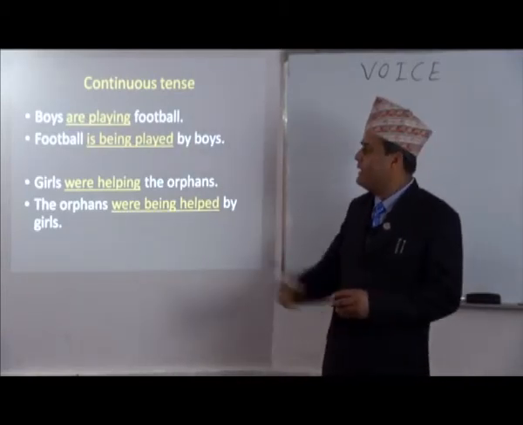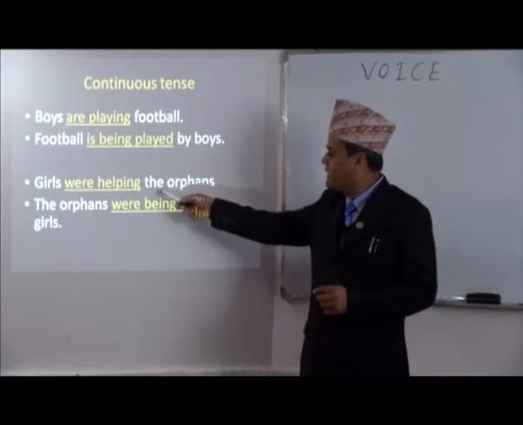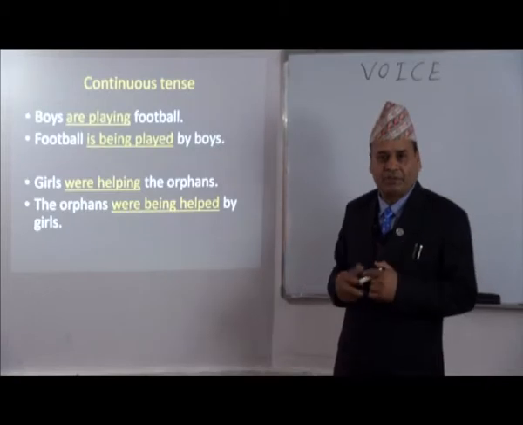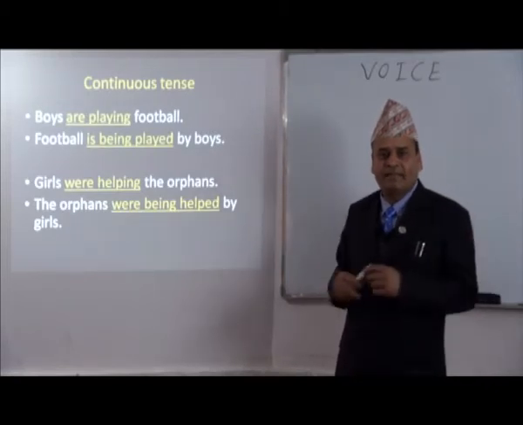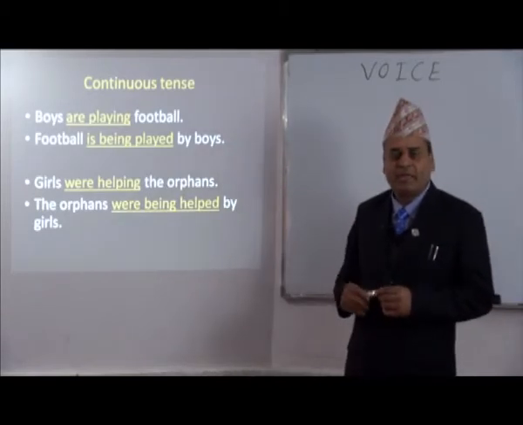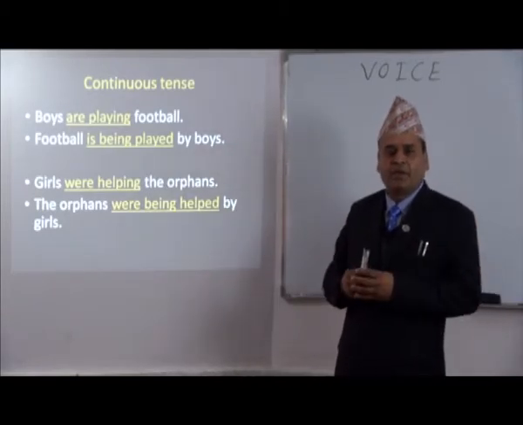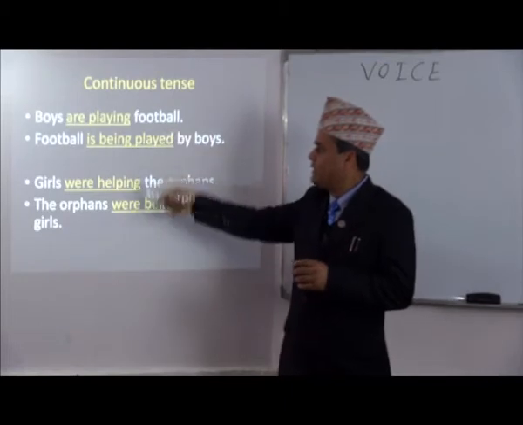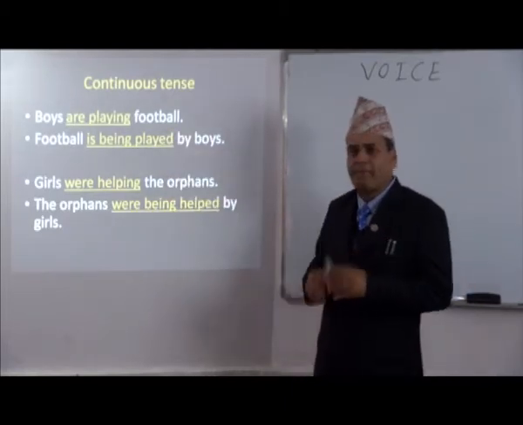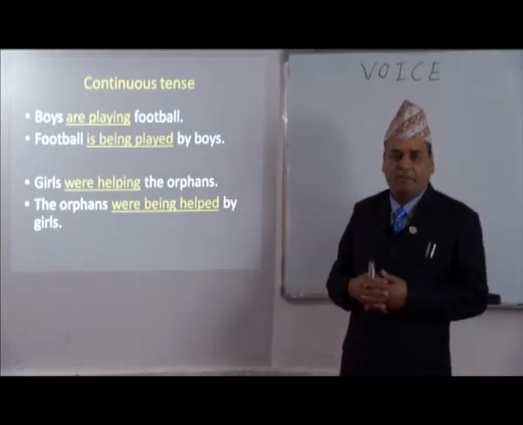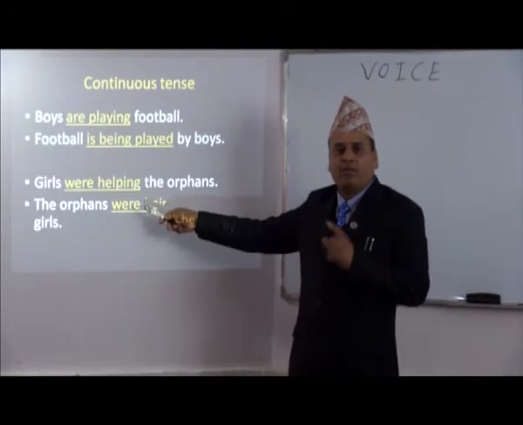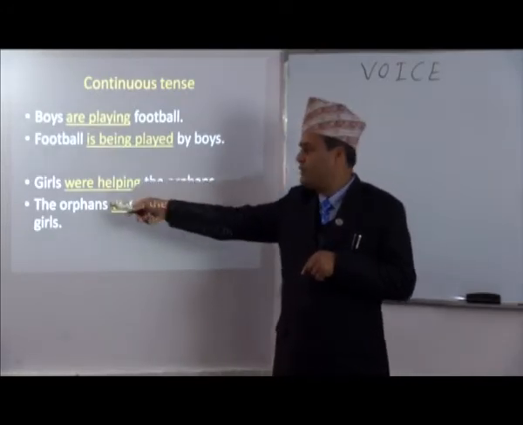Alright? And let's have a look at the second example here. Girls were helping the orphans. In this sentence, you find past continuous tense. In past continuous tense, more or less similar to present continuous, we use being, but the only difference between present and past continuous tense is, here we use was or were according to subject.